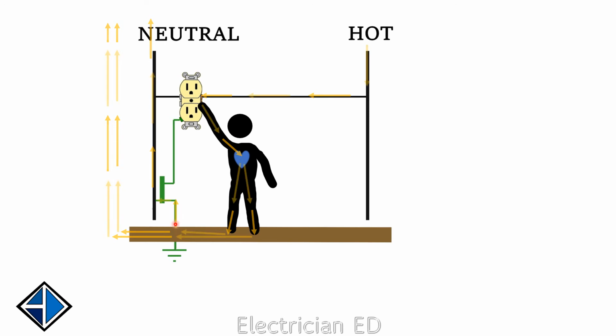And that would be a low impedance path. And if it's a high enough current, if it's over 15 amps, if that's what's protecting the circuit, then it will trip and it will stop. But we don't want to count on that. And besides that, that is a lot of current to pass through a body. It doesn't take much to kill us.